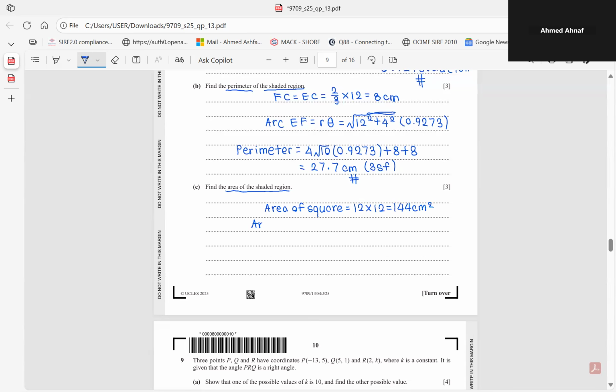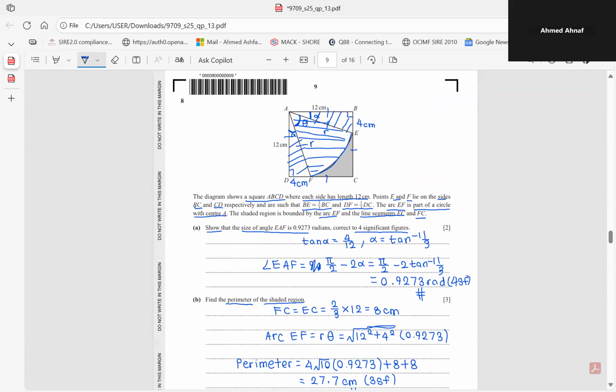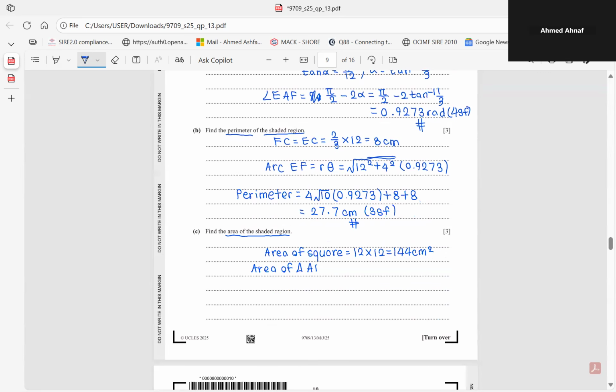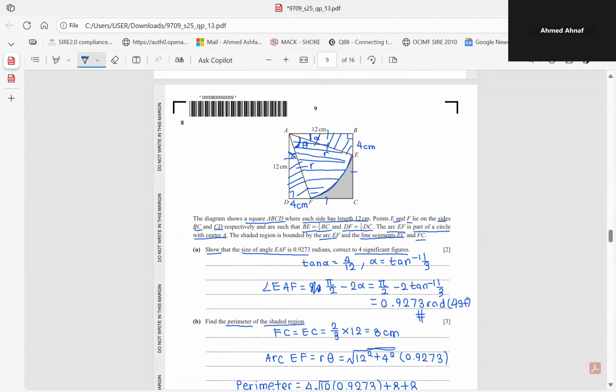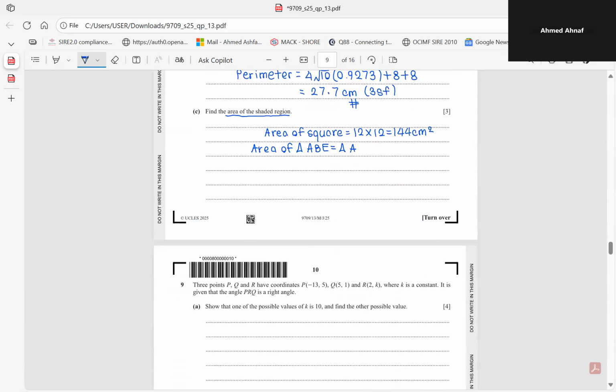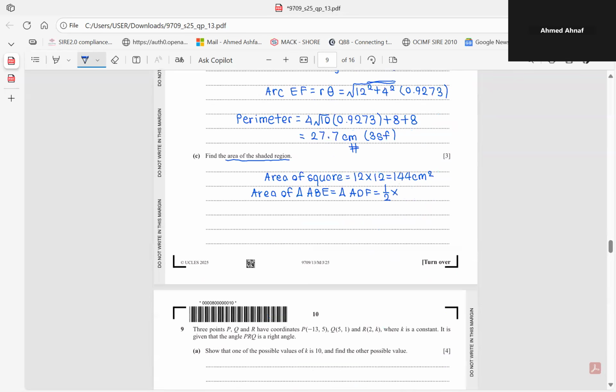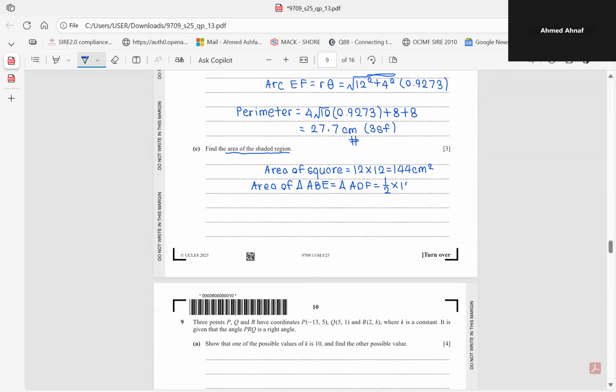And the area of triangle ABE is equal to the area of ADF, which is half times the base, 12, times the height, 4. And that equals 24 centimeters squared.